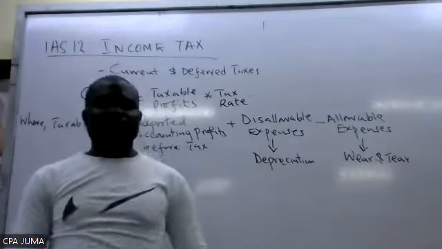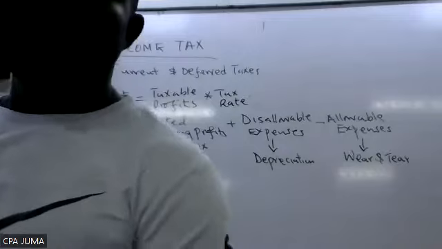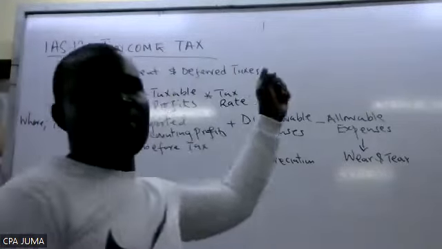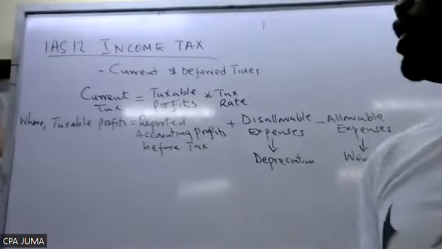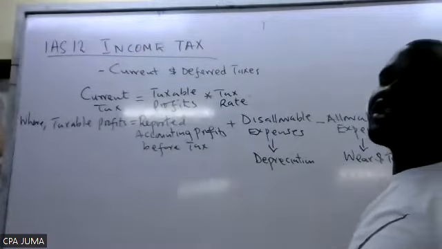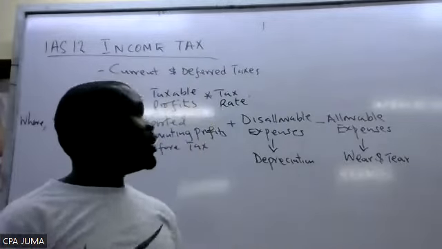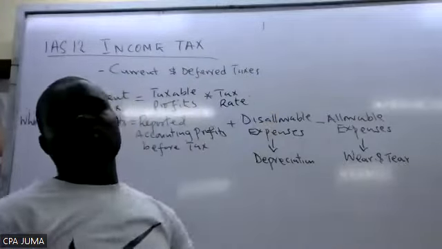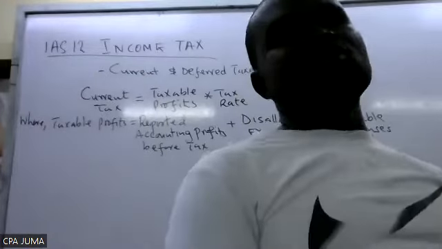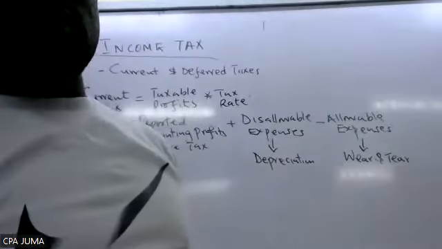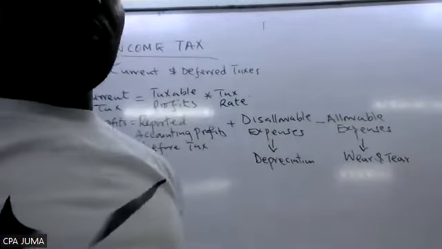So to get the taxable profits, you start with the reported accounting profits, then you add back the disallowable expenses, those are expenses which you ought not to have subtracted initially. Then you subtract the allowable expenses. Whatever you get, you subject to the tax rate and you get the current tax. We proceed.